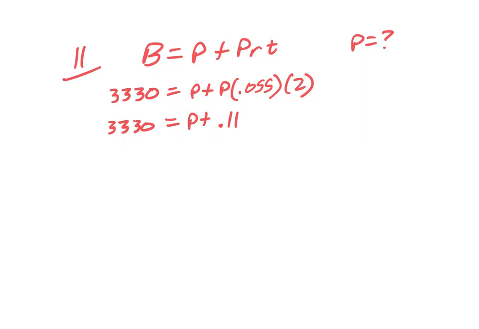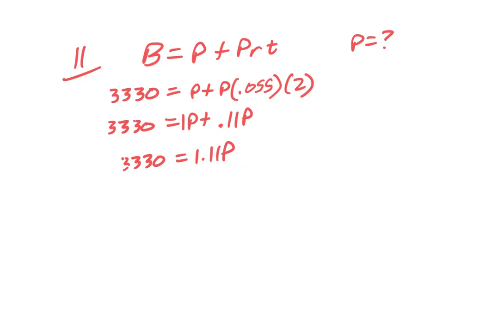So I'm going to make this 0.11p. Okay, this is assumed to be a 1 right here. So 1p plus 0.11p is 1.11p.